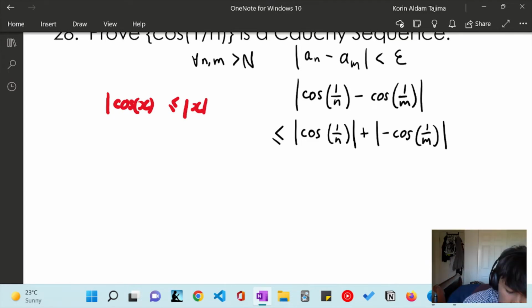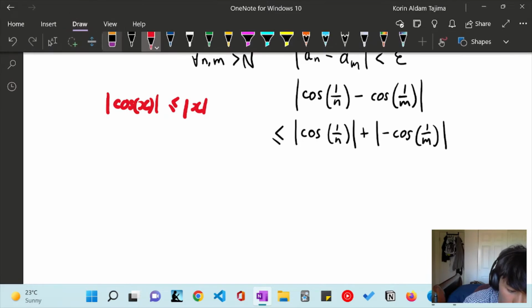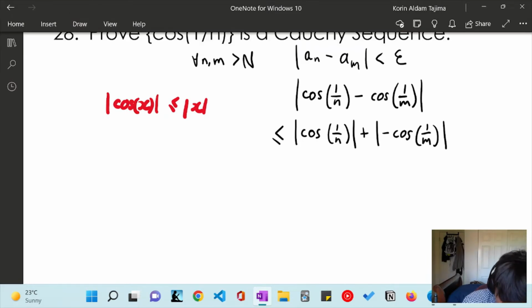Okay, that means the absolute value of cosine of 1 over n is less than or equal to the absolute value of 1 over n, and the cosine of 1 over m is less than or equal to the absolute value of 1 over m.